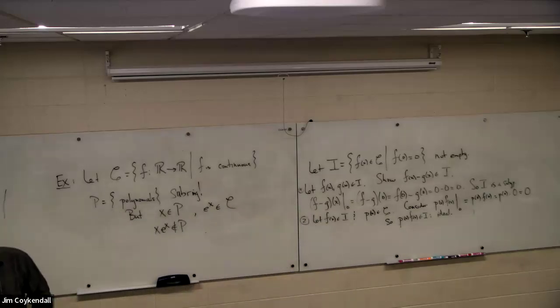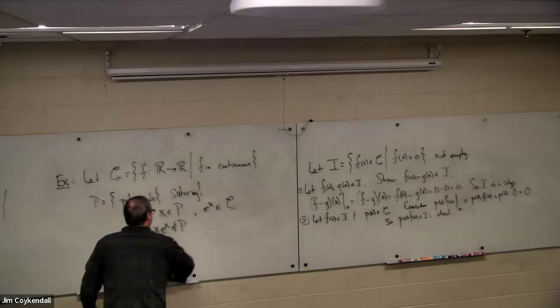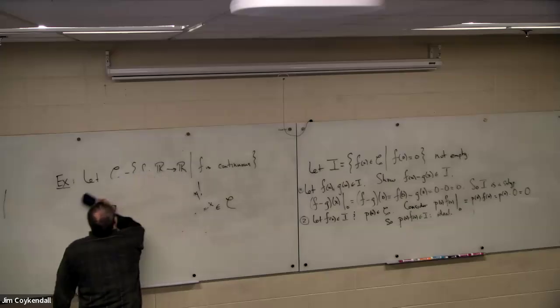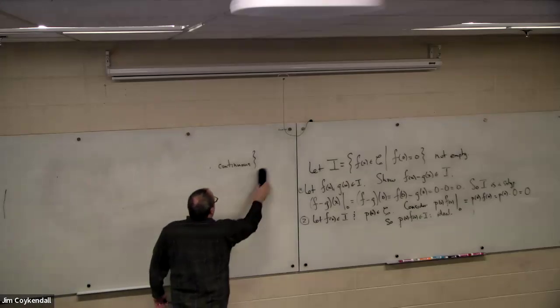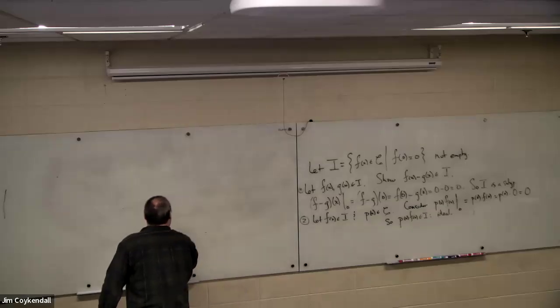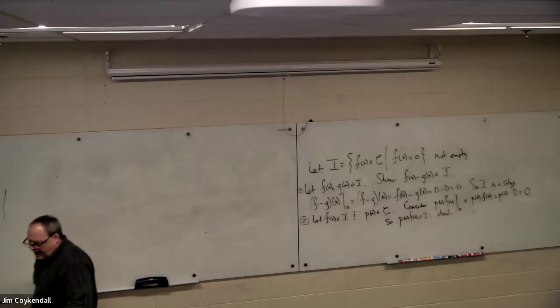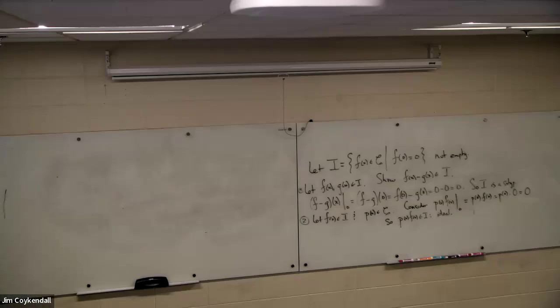Okay, so that's a good example. But then this example is contrast subgroups. Now, the notion of an ideal is very similar to that of a normal subgroup.